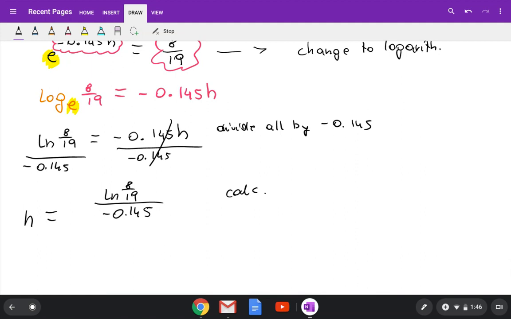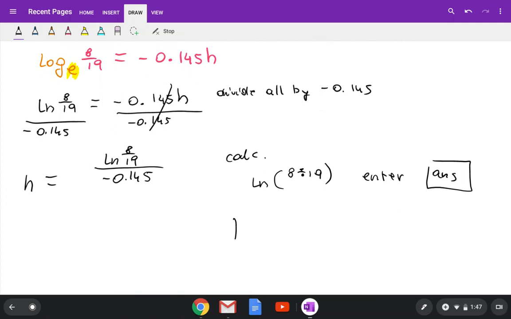First I will type ln, and in parentheses put 8 divided by 19, because the fraction bar means division. Then I click enter. You will get some answer here. Then, whatever answer you have, just divide that by negative 0.145 and click enter. Your calculator should show you the correct solution, which is 5.97.